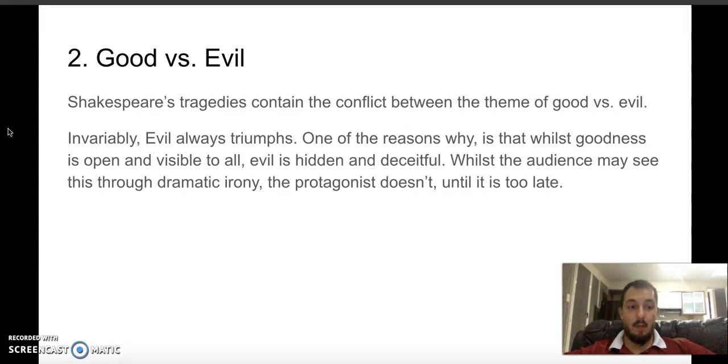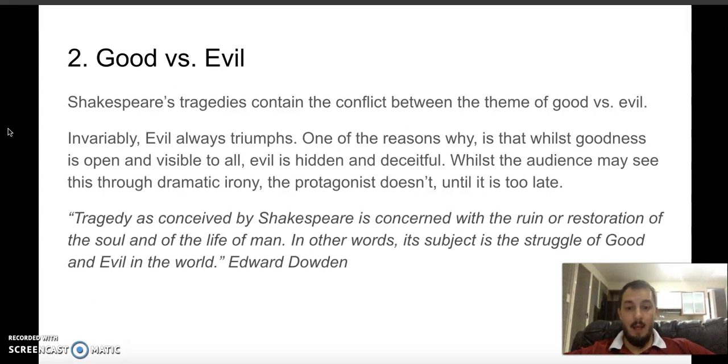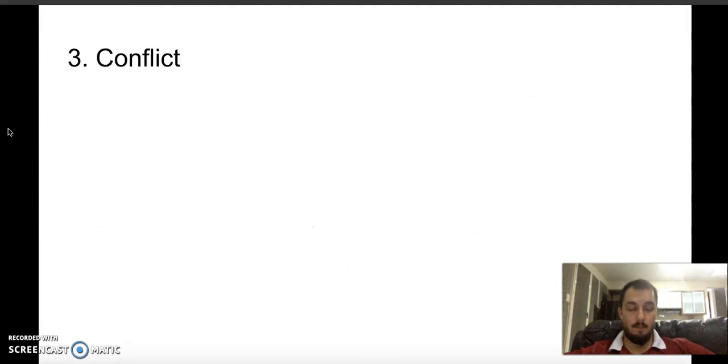So while we, the audience, may see this through the use of dramatic irony, the protagonist doesn't until it's too late. Edward Dowden says that tragedy as conceived by Shakespeare is concerned with the ruin or restoration of the soul and the life of man. In other words, its subject is the struggle of good and evil in the world.